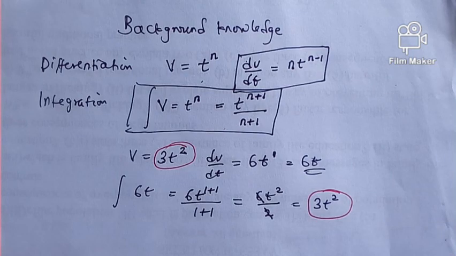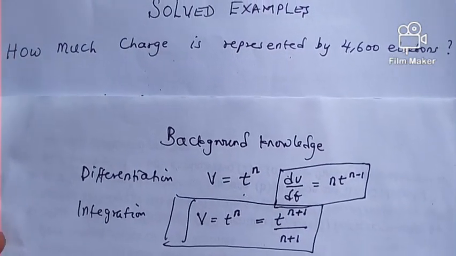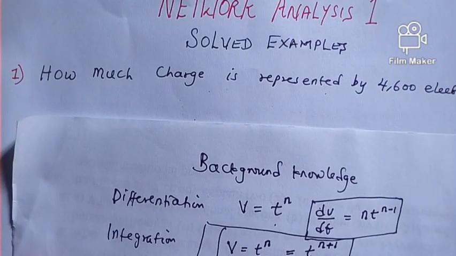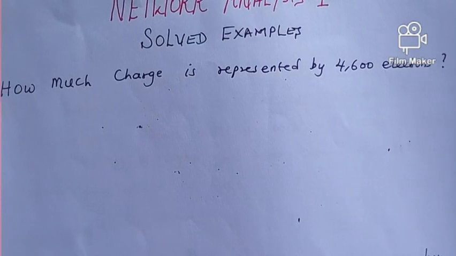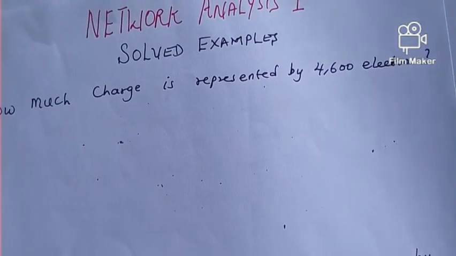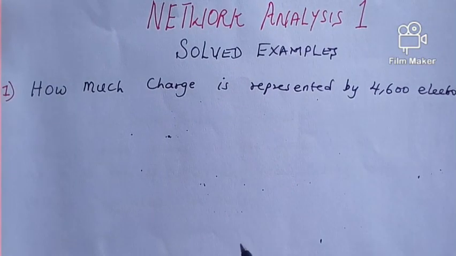Now let's proceed with our examples. Question number 1 is: how much charge is represented by 4,600 electrons? Remember what I told you about electrons?